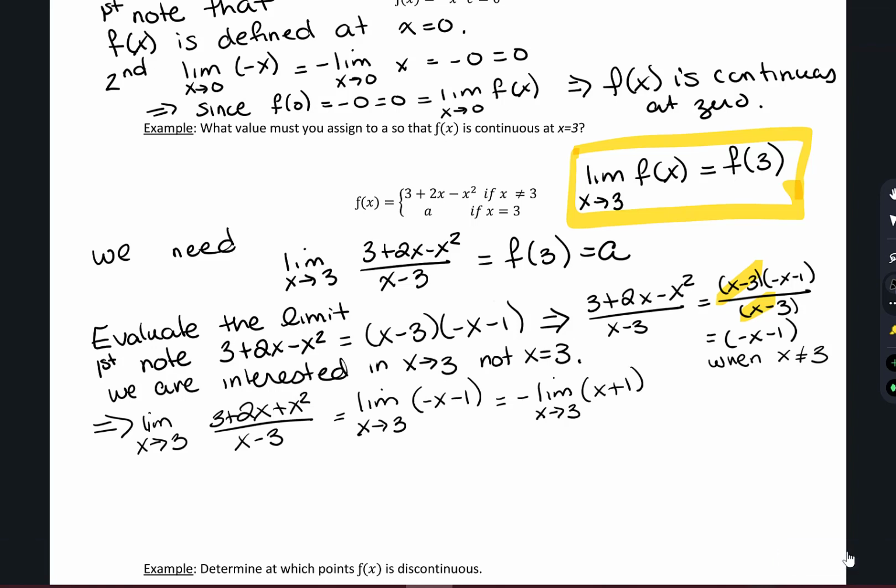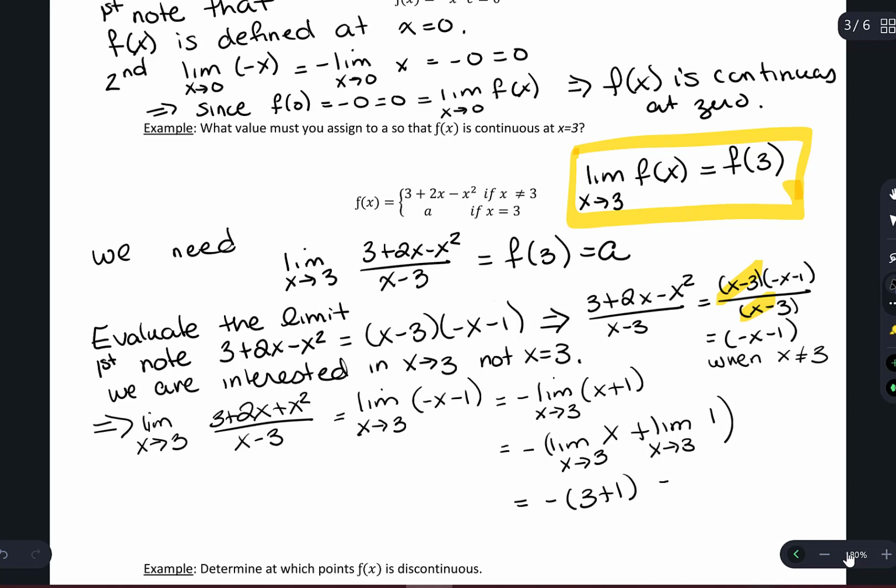Using our limit laws, this is equal to minus the limit as x approaches 3 of x plus the limit as x approaches 3 of 1. That's equal to minus 3 plus 1, or minus 4. So since the limit as x approaches 3 is equal to minus 4, in order for this to be continuous we need f of 3 to be equal to minus 4, or we need a to be equal to minus 4.